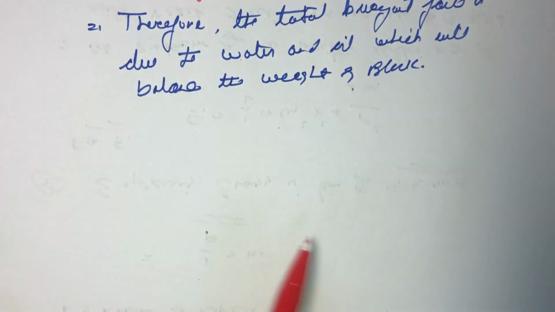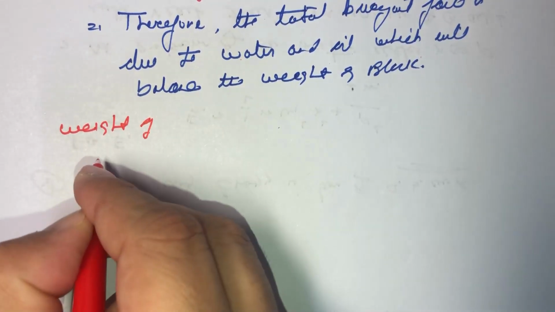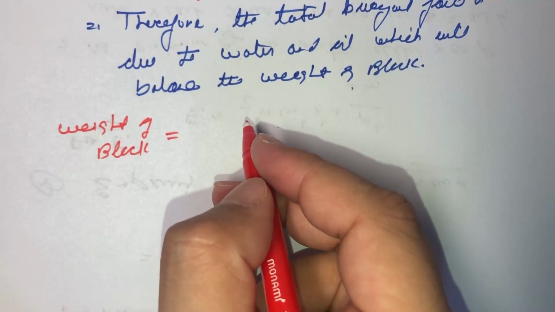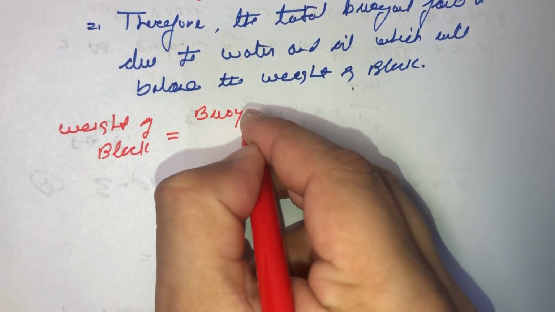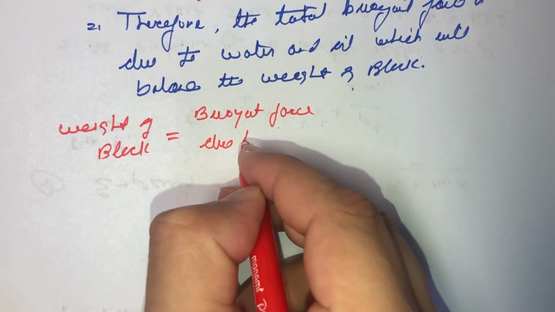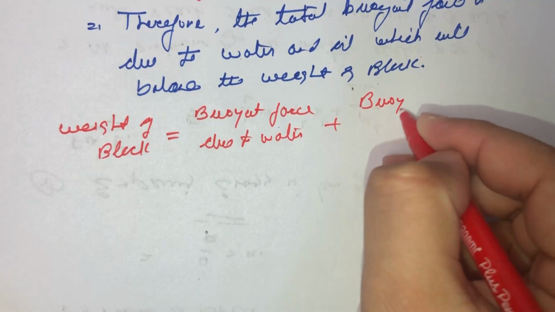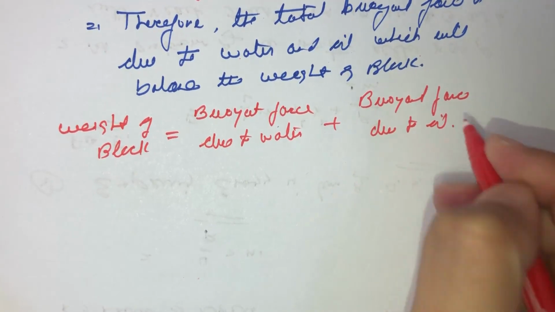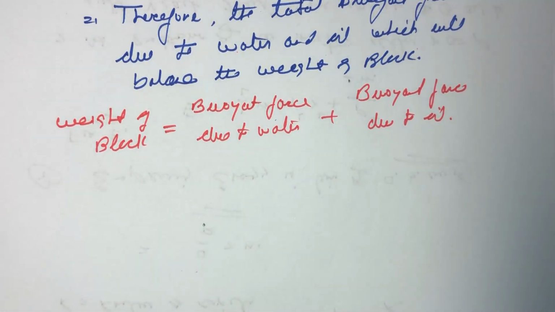So we can write that the weight of the block is equal to the buoyant force due to water plus the buoyant force due to oil, and it is given half submerged in water and half submerged in oil.